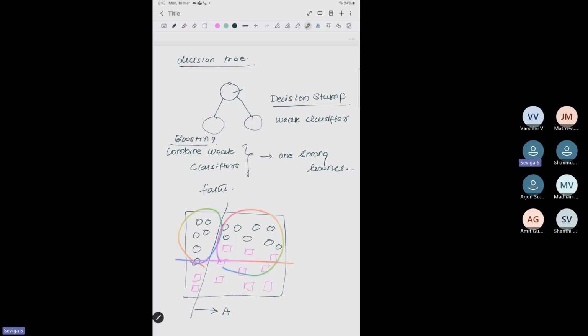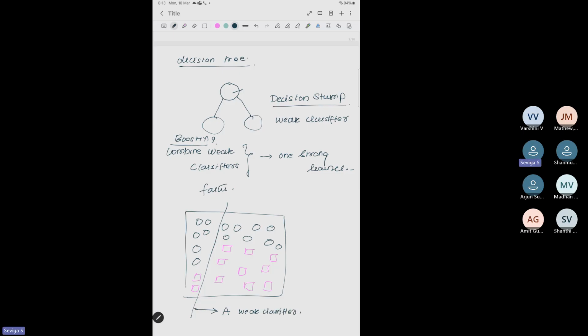But in the lower region, the classification is not that perfect. Though we have a majority of circles there, it has some squares. So it is a weak classifier.